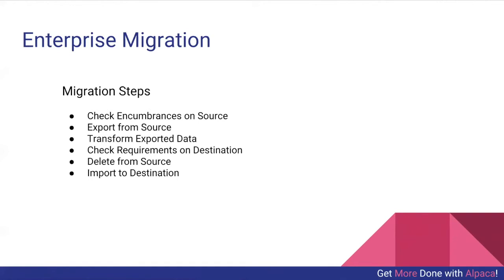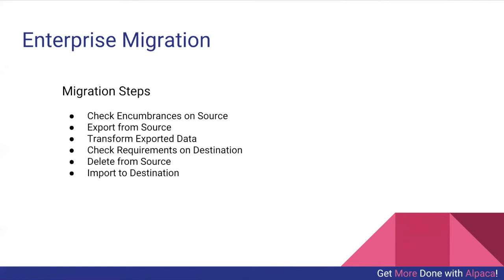And there's a number of different examples like that, called pickup groups, hunt groups. I mean, there's a number of different things. I don't know the list off the top of my head, but encumbrances that prevent you from moving a user from one location to another. So a user from one group to another, a group from one enterprise to another, or maybe an enterprise from one cluster to another.